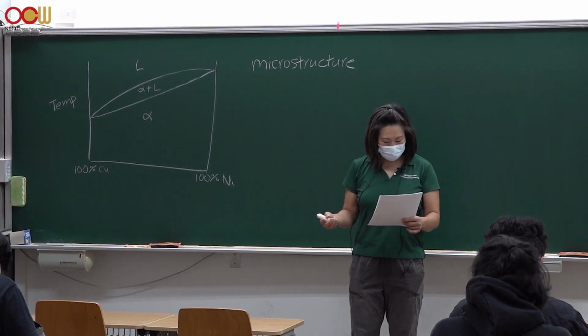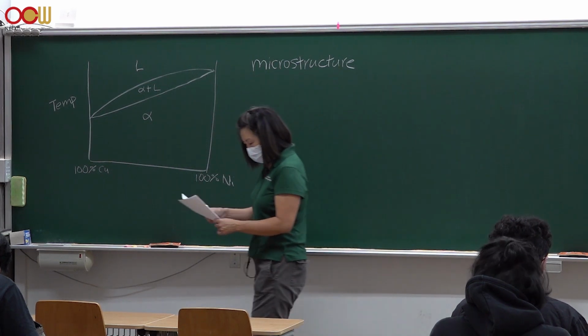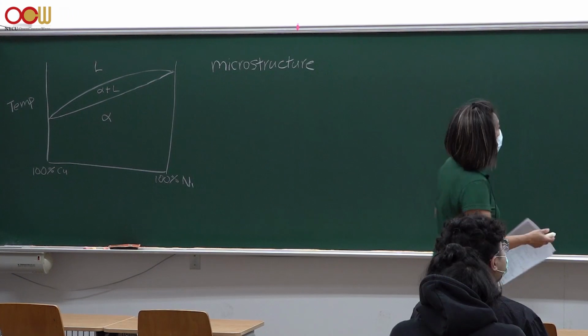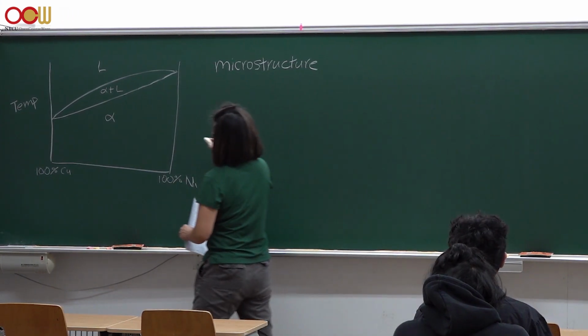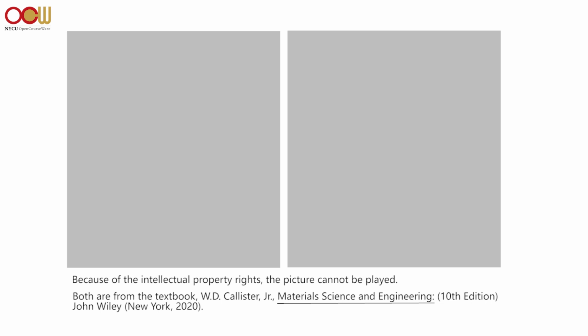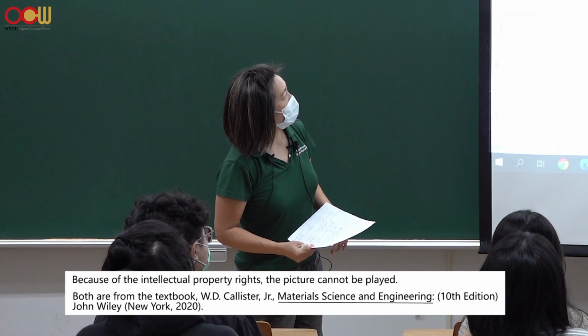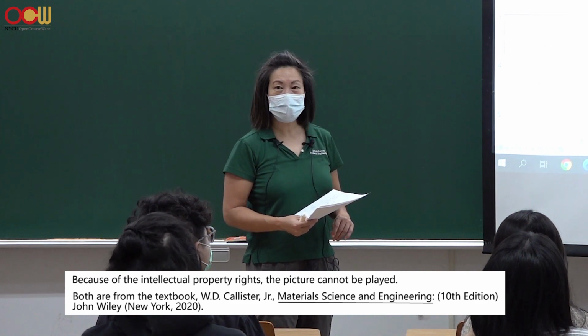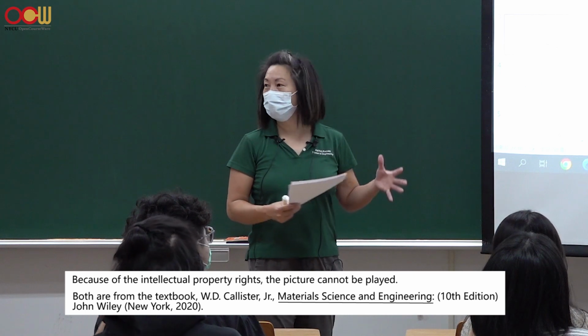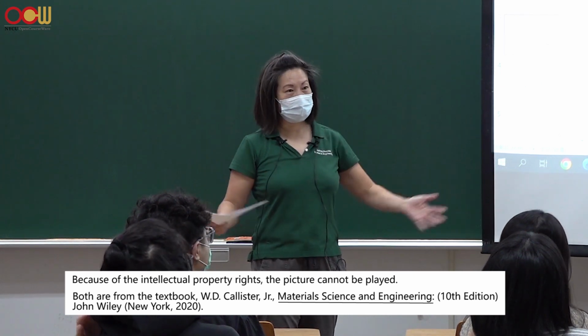So if you have a material that's, say, 35 weight percent nickel at about 1300 degrees Celsius, you see that you have 100% liquid. So if you look under the microscope, you'll see just liquid.